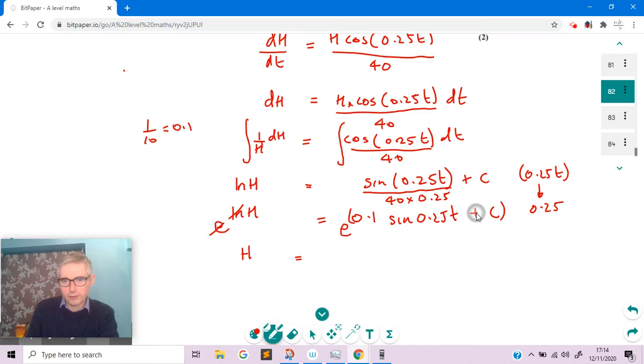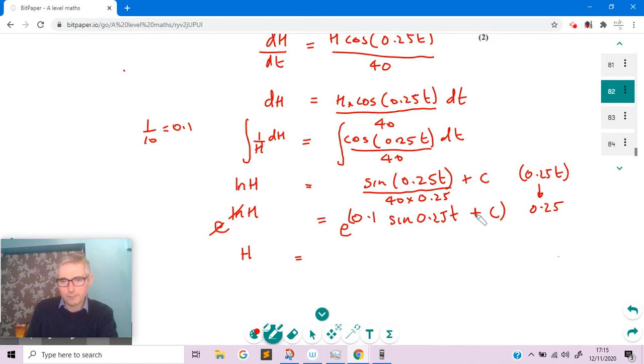Now, if we look at the rules for adding powers, it's a bit like having x to the 1 plus 2, for example. We know that would be x cubed, but it's x to the 1 times x to the 2, so we add the powers when we multiply.